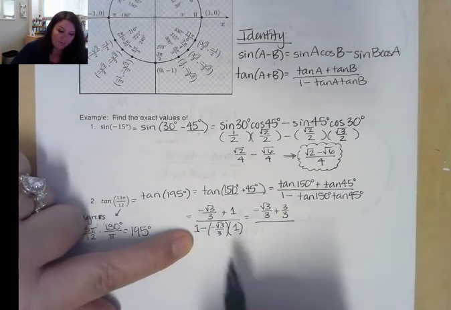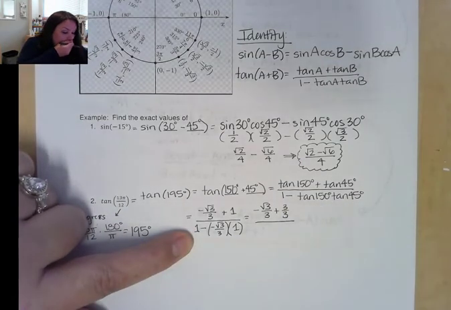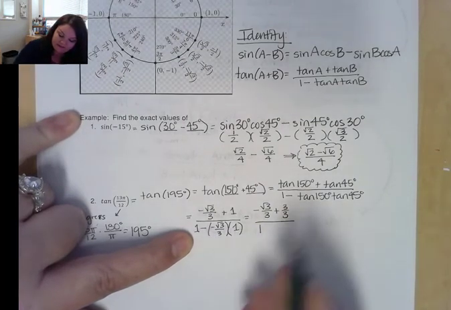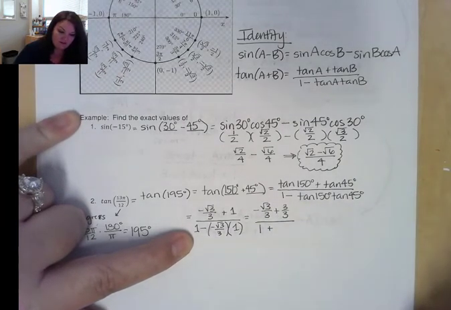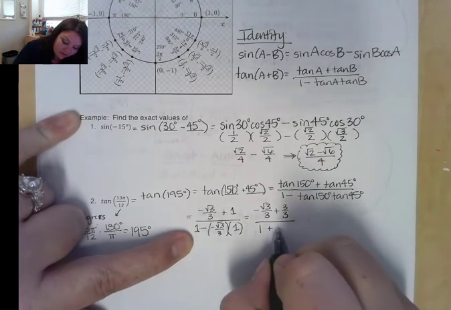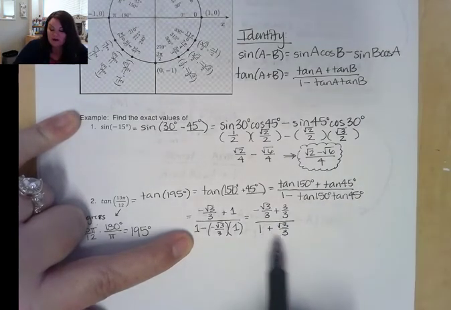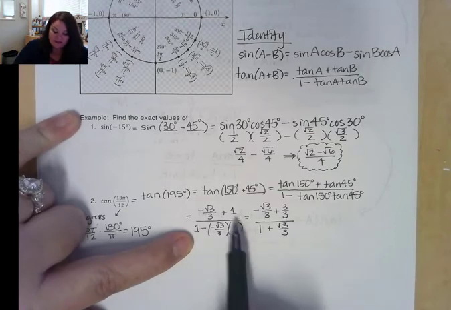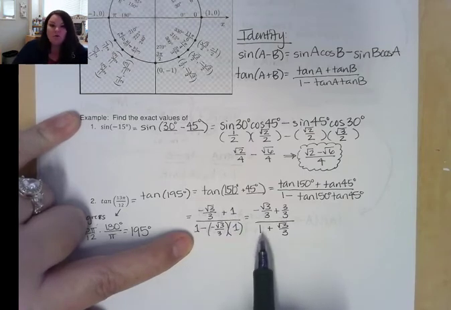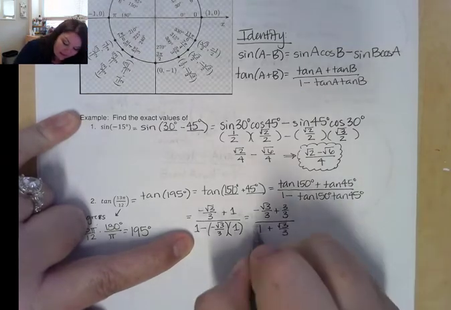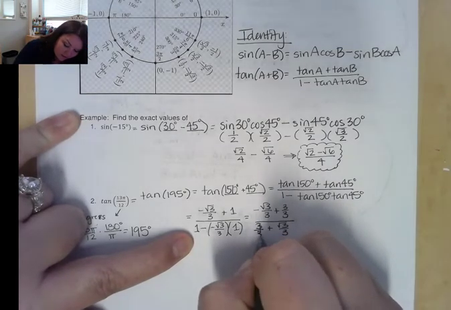Okay. On bottom, I'm going to have 1, and then notice these double negatives are going to make that a plus, right? And I have square root of 3 over 3. Now again, I'm going to need a common denominator. So just like I did on the top, instead of writing this as a 1 or a 1 over 1, because I want to end up with a denominator of 3, I'm going to go ahead and just write this as 3 over 3.